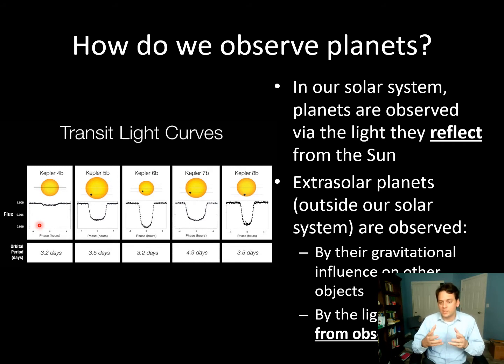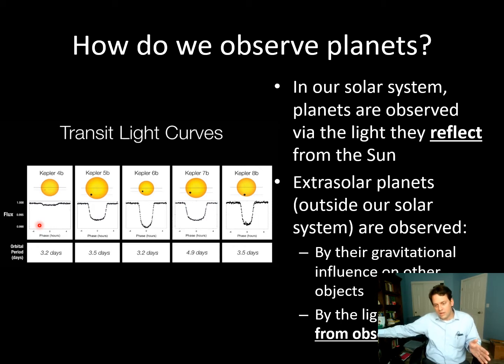And those planets are relatively close to us as well, and so their reflected light doesn't have to travel too far before we observe it. Pluto is a whole lot harder to see because it's 40 times as far away from the sun as we are, so the light has to travel 40 times the Earth's distance to get to Pluto. It has to reflect off of Pluto, which is only 1/6 the size of Earth.